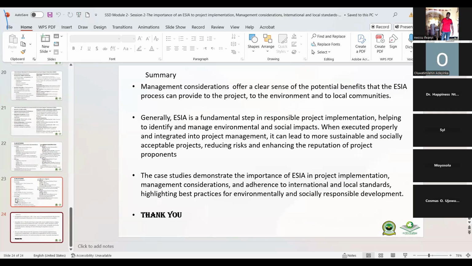From the point of ESIA to the point of implementation, make sure that everything concerning stakeholders and regulatory agencies is taken care of. Also, in the process of operation, because we say it's an iterative process, if there are changes based on prevailing circumstances, you put them into consideration and find a way of including them in your project design and implementation.